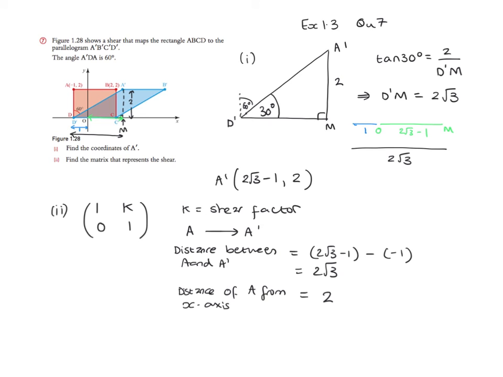And then you may recall that the shear factor can always be calculated by the first value, which is here, being divided by the second value, which is here. So the shear factor is 2√3 over 2, which is equal to √3. So that is our value of k, which tells us that our shear matrix is (1, √3; 0, 1).